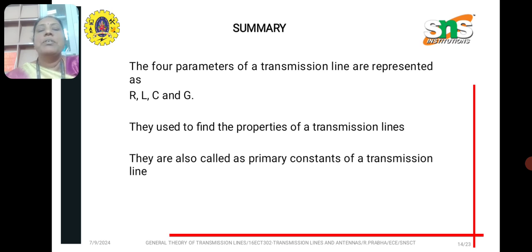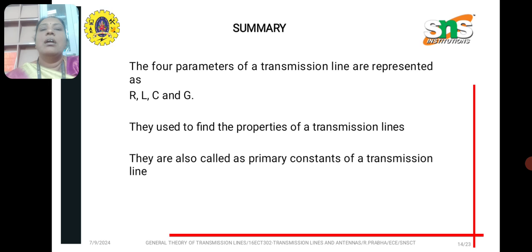So far we have discussed the four parameters of a transmission line represented as R, L, C, G, where R is the resistance measured in ohms per unit length of the line, L is the inductance measured in henries per unit length of the transmission line, C is the capacitance measured in farads per unit length of the line, G is the conductance measured in mhos per unit length of the line.